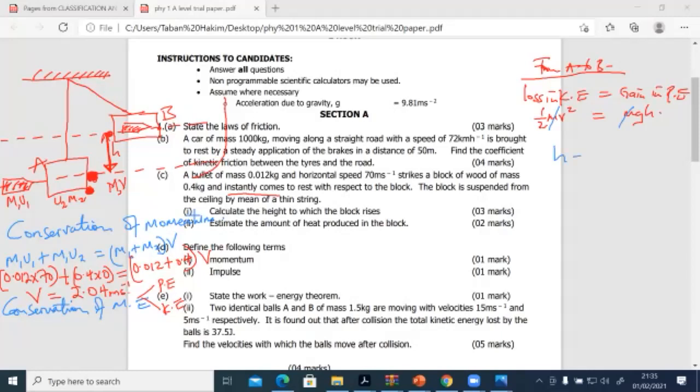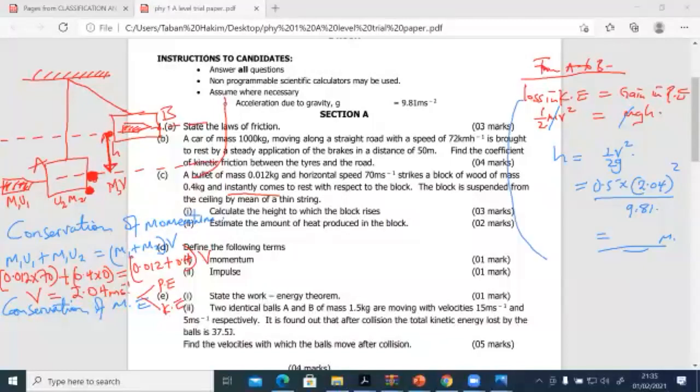Of course, at this point you can see that the m cancels out, and our height h will simply be equal to a half divided by g times v squared. So what does this give us? It will give us 0.5 times the velocity, we've got 2.04, but you square this, then everything divided by 9.81. The answer that you get will be the height of the body.